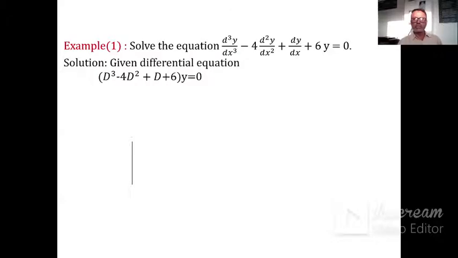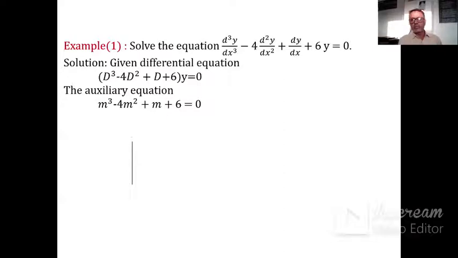We rearrange this differential equation in this notation: capital D cube minus 4D square plus D plus 6 of y is equal to 0. Now from this we obtain f of D equal to D cube minus 4D square plus D plus 6.